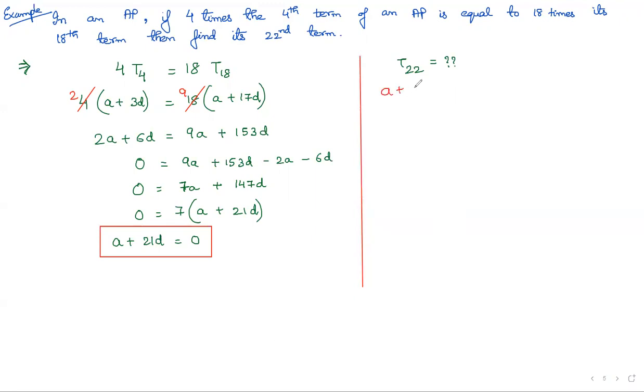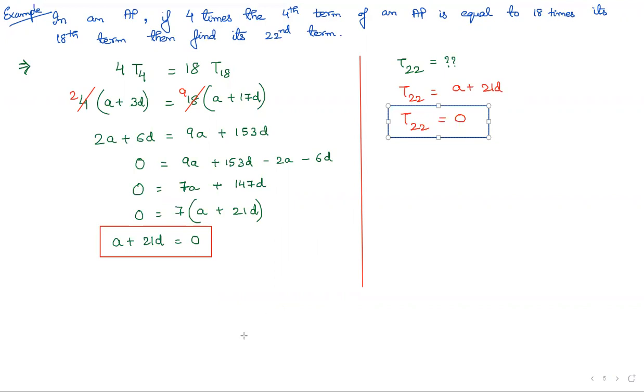It is A plus 21D. So from my first equation, what did I get over here? It's equal to 0. We just substitute that, and this is your answer.